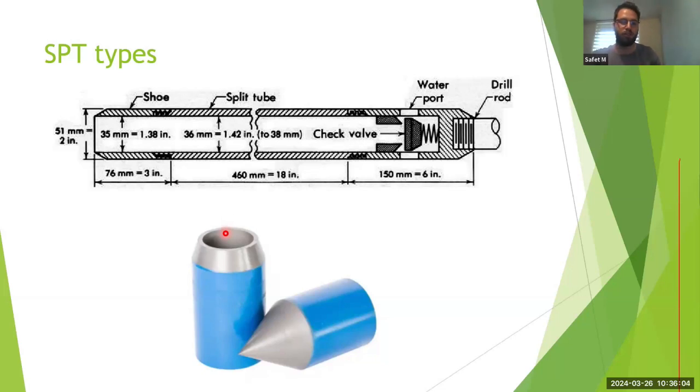The machine is going to pull the rod with the SPT cone 1 meter from the bottom of the hole, and it's going to drop from 1 meter of height to the bottom of the hole. Because it's constantly dropping, of course, your soil is going to deform by dynamic impact.